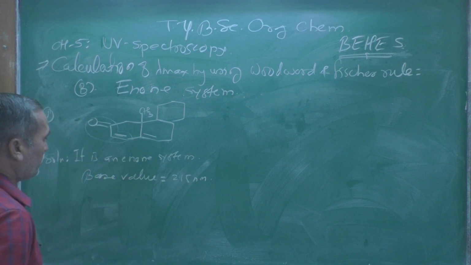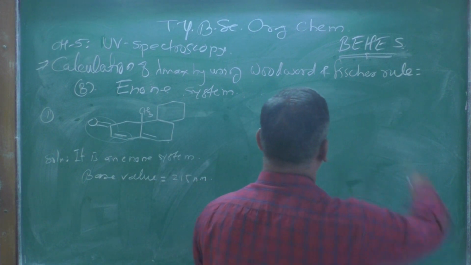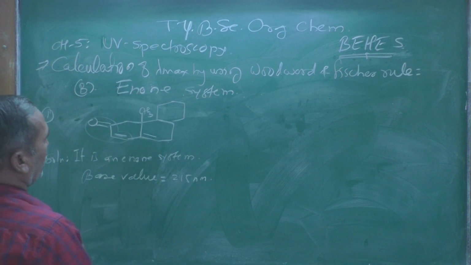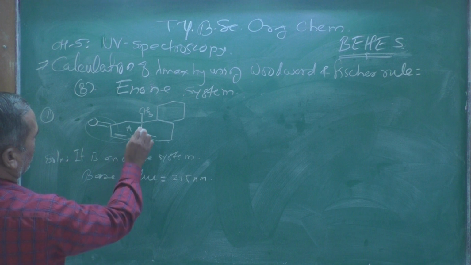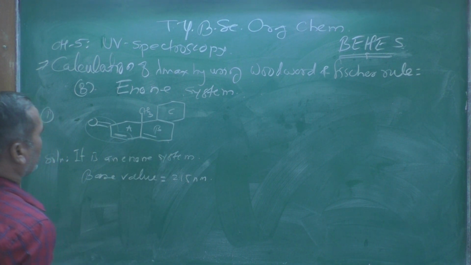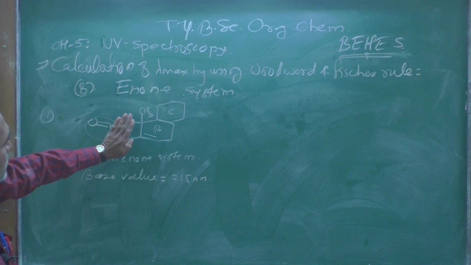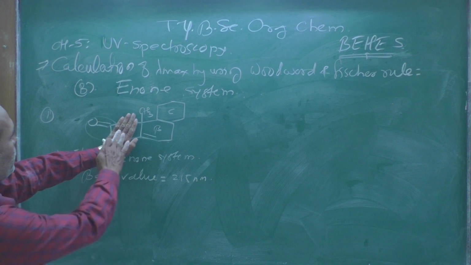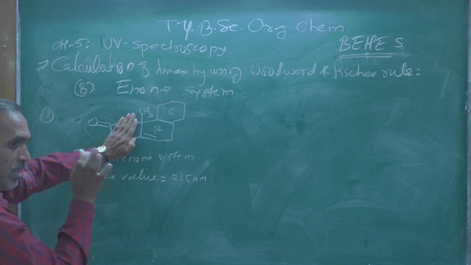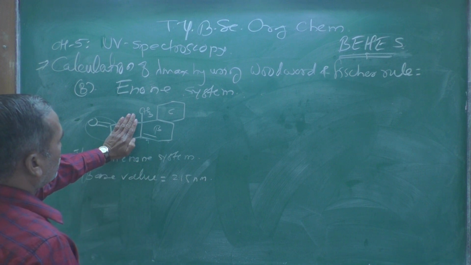That's it. Now another one, follow the short form. E stands for exocyclic double bond. Then label the rings: A ring, B ring, and C ring. Now look at the A ring. Does it have an exocyclic double bond? Don't consider the carbonyl, as I already told you. Here there is one exo double bond.